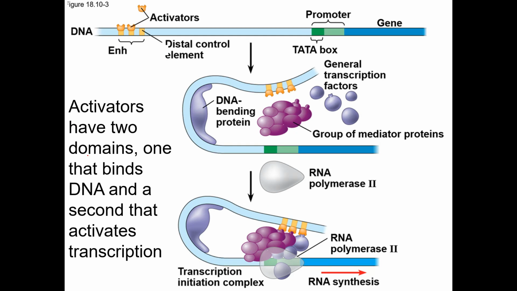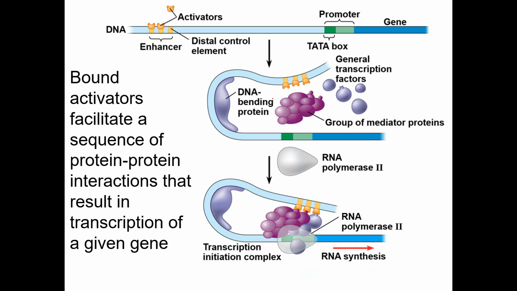So the activators have two domains. Remember, domains are the portions of DNA that come from different exons. So they have a domain here that binds to the enhancer, and they have a domain here that will bind to the proteins. Bound activators facilitate a sequence of protein-protein interactions that result in transcription of a particular gene.